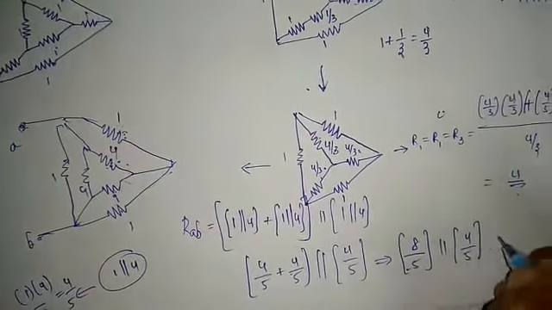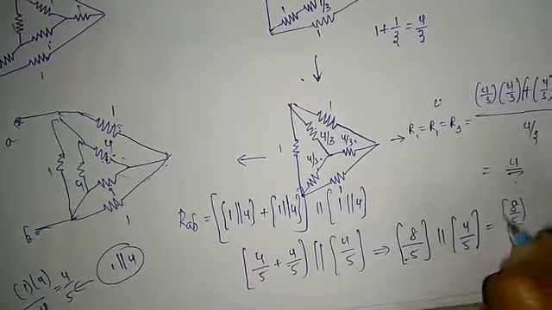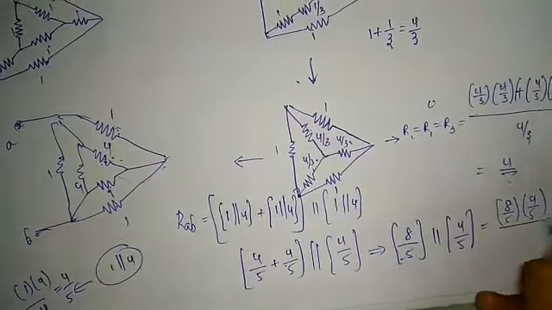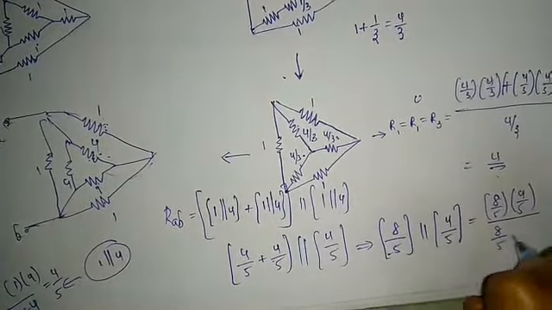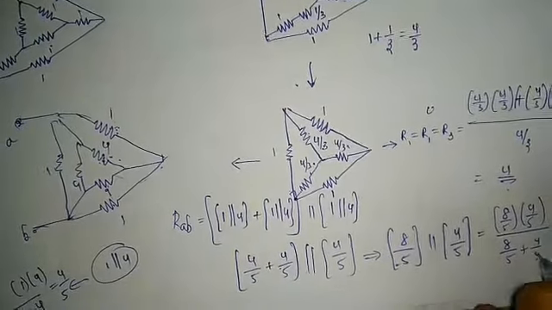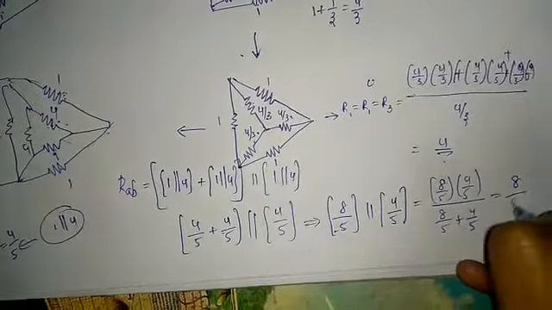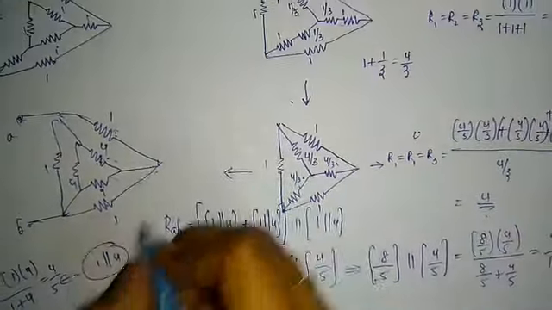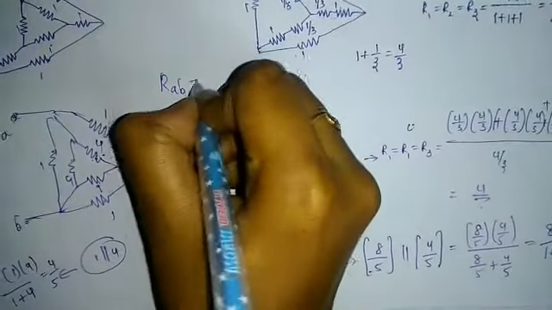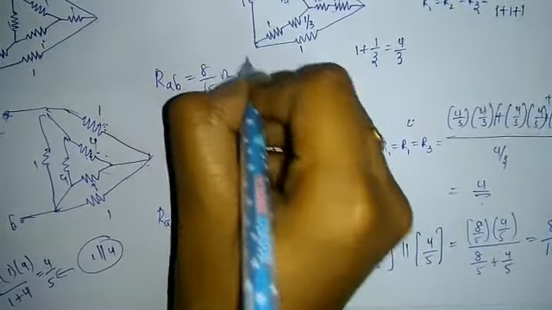By solving this, 8 by 5 into 4 by 5 by 8 by 5 plus 4 by 5, we will get the answer 8 by 15. So RAB is equal to 8 by 15 ohms.